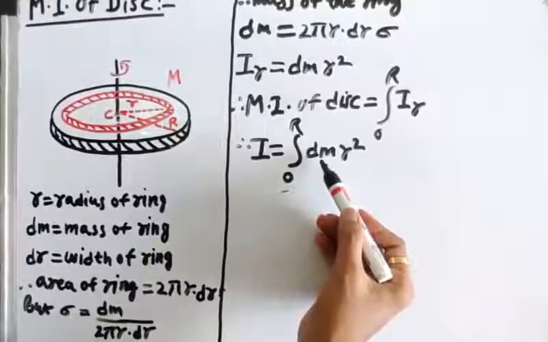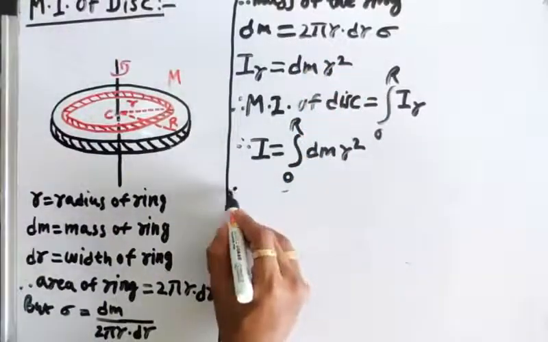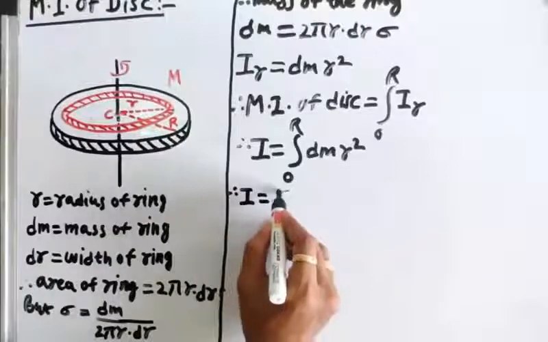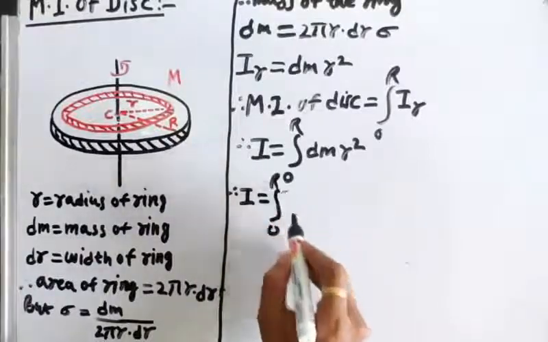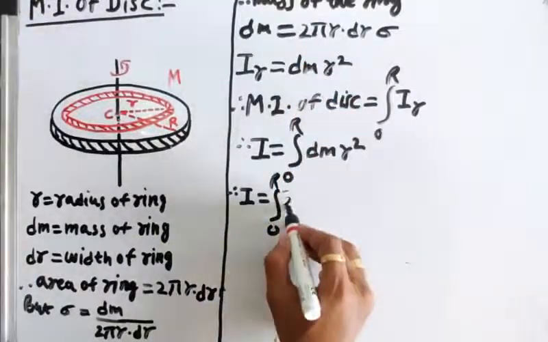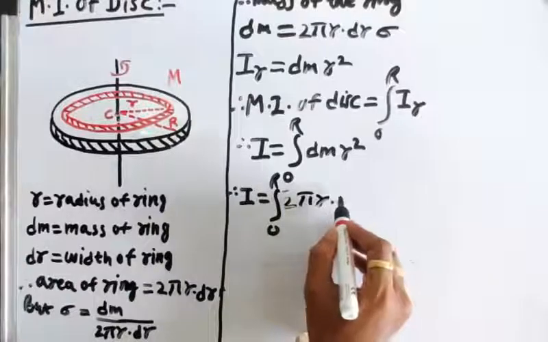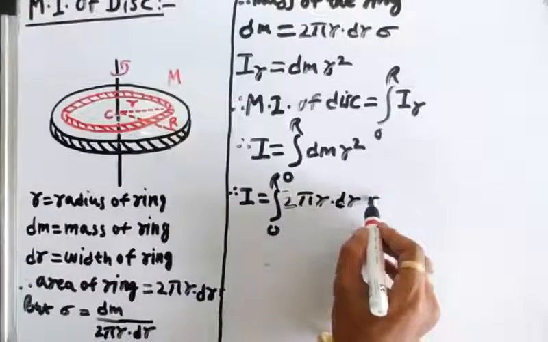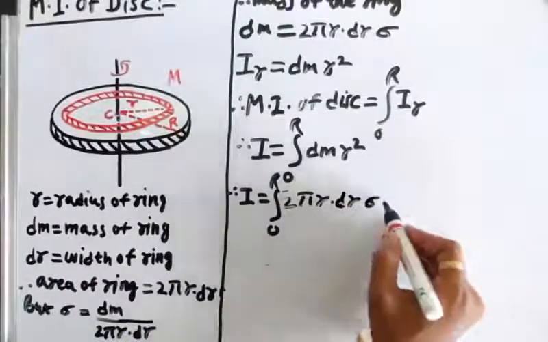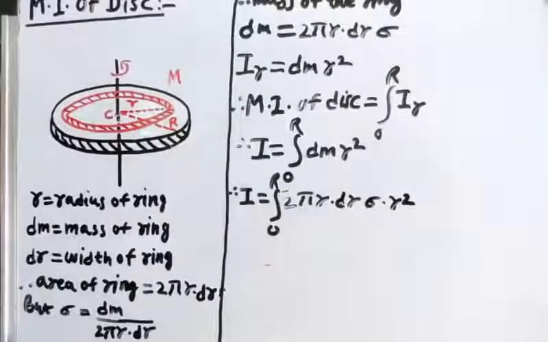Substituting the value of dm from this, therefore I is equal to integration 0 to R, 2 pi r dr sigma into r square.